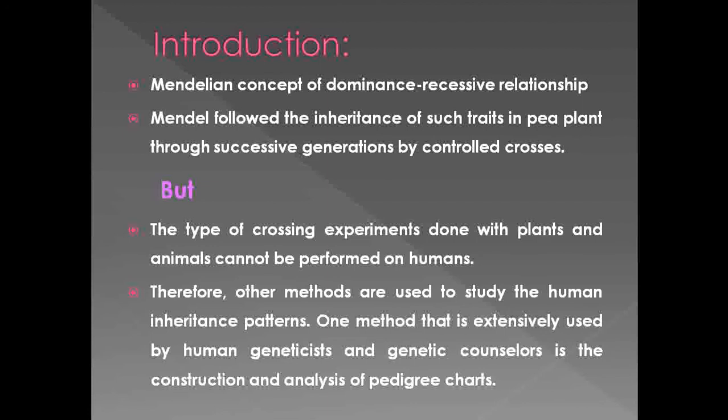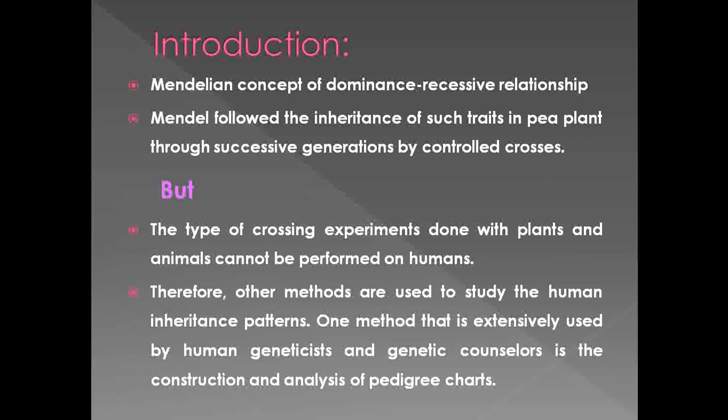But we can follow these techniques for animals or plants. When we want to study the inheritance pattern in human beings, in what way do we have to express that? There is one solution for that, the pedigree charts.